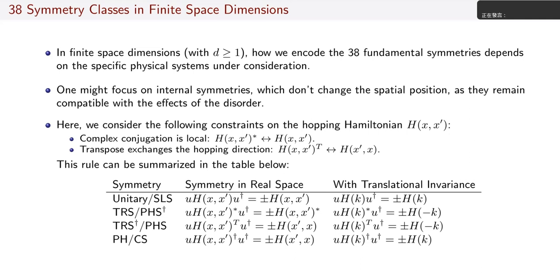The reason I ask is that if you have spin one-half or spin one, time reversal acts very differently on the state. Yes. But in this case, you just focus on the Hamiltonian and not the system. I see.